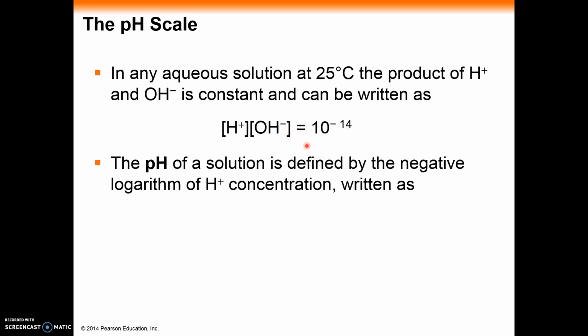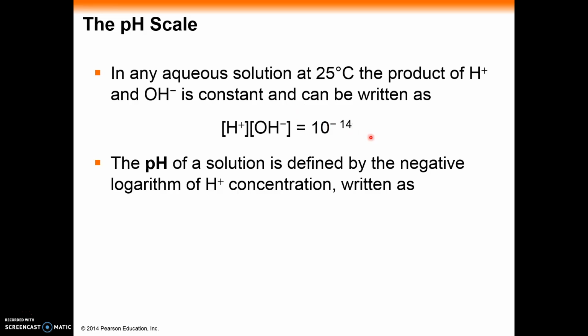Why it's important to us is we have this thing called the pH scale. And working with numbers such as 10 to the negative 14th is fairly abstract. I mean, it would take you a while to even write that number down and count to make sure you had the proper number of zeros after the decimal point, right?